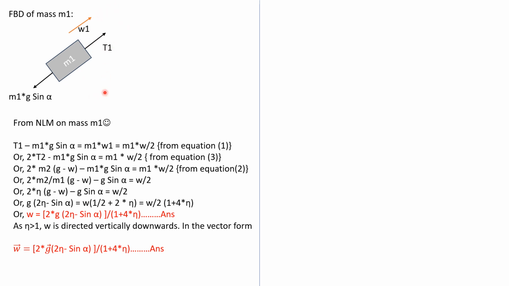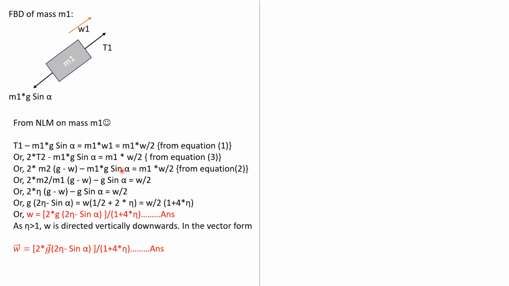So from Newton's law of motion, we can write this equation: T1 minus M1G sine alpha is equal to M1 into W1. We will replace W1 by W by 2 from equation 1. Then in the next step, we will replace T1 by 2 into T2 from equation 3, giving 2 into T2 minus M1G sine alpha.